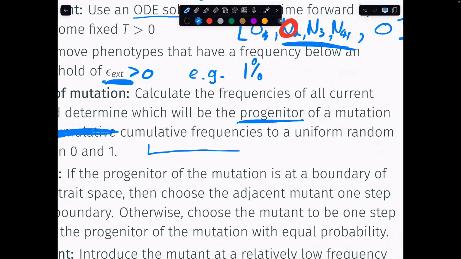So, for example, if this line represents 0 to 1, it shows the proportion of my population that is N3, the proportion that is N4, and any other types that I may have. Suppose, for example, here, N3 makes up a bigger frequency. So this is for my N3, and this is my N4, divided by the total population size.